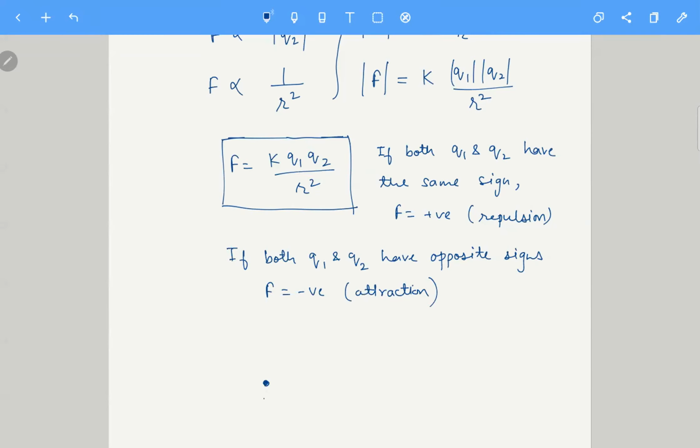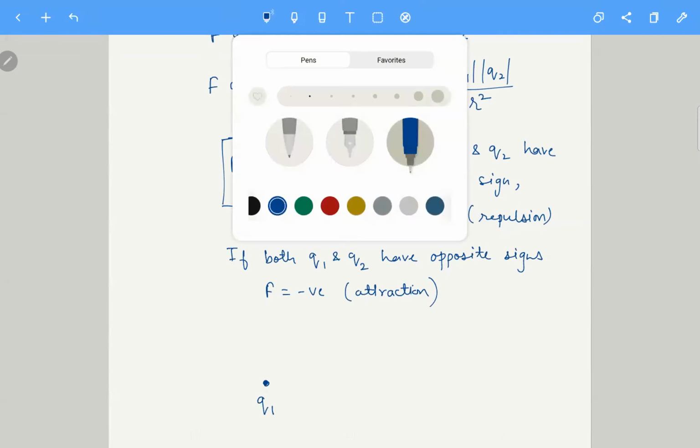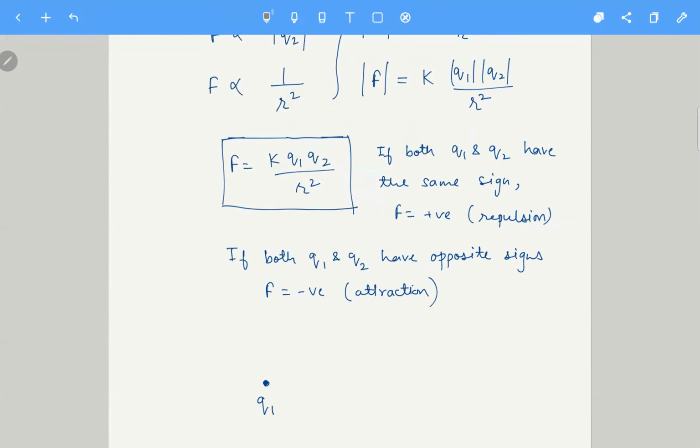तो ऑब्वियस है, सपोज करो एक पार्टिकल Q1 है और सेकंड, there's another particle along the line of it, that is Q2.